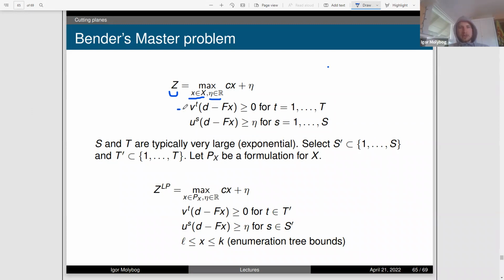One set of constraints corresponds to the extreme rays, and the other set corresponds to extreme points, right?